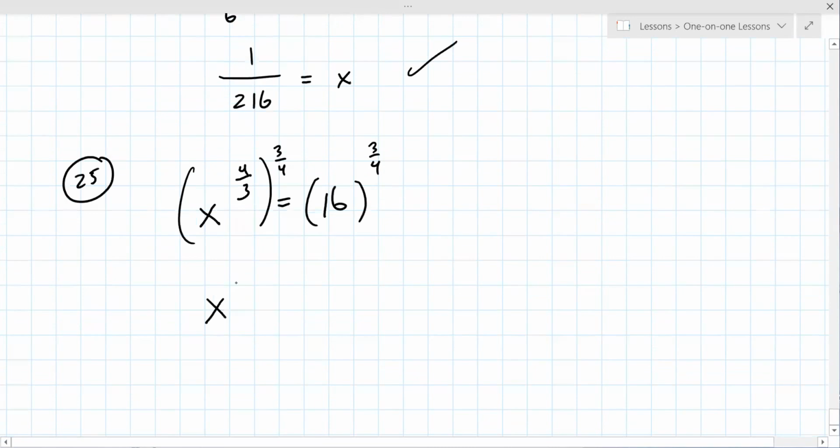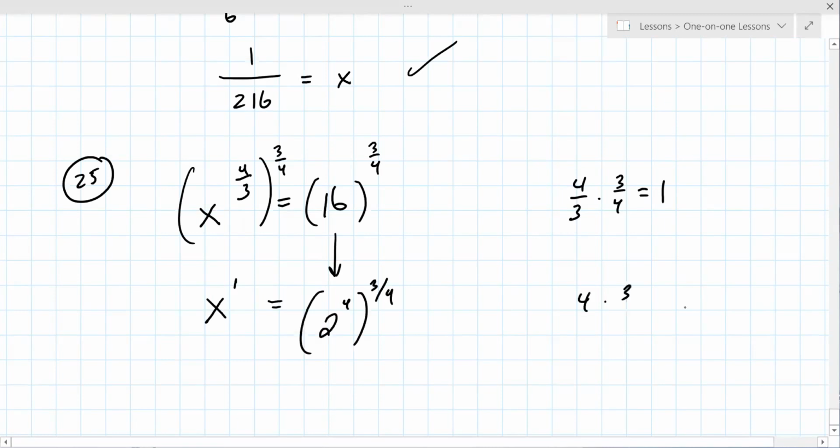So this becomes x to the 1, because 4/3 times 3/4 equals 1. Now 16 to the 3/4, you have to realize 16 is really 2 to the 4th. So 4 times 3 over 4 is 3. So this becomes 2 to the 3rd, which is 8.